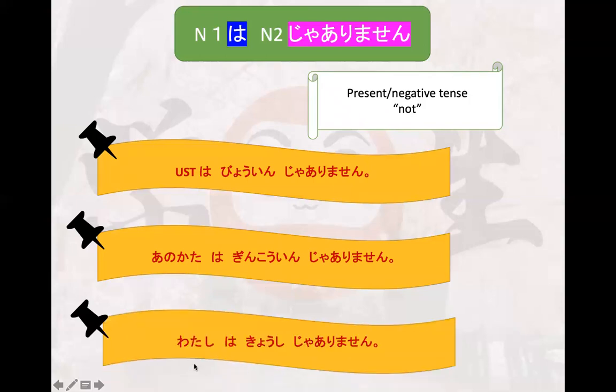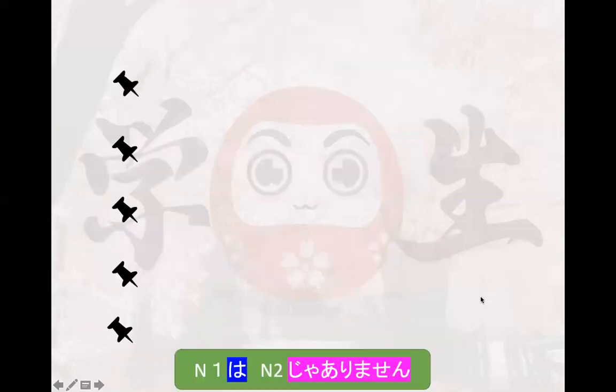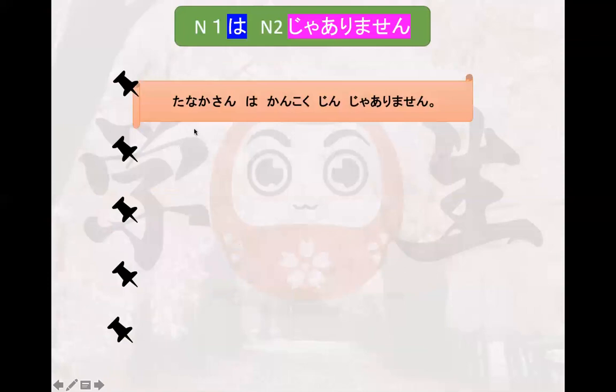Third one, watashi wa kyoushi ja arimasen. I am not a teacher. So there, nandun pa rin yung ating noun 1 followed by wa. So ibig sabihin sila pa rin yung topic natin. And then yung ating mga noun 2 ay negated, no? Ninegate natin using ja arimasen.